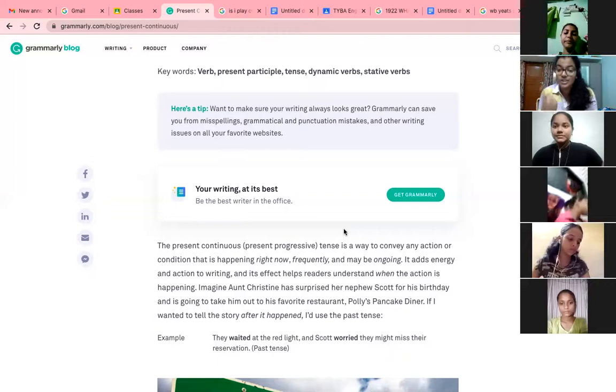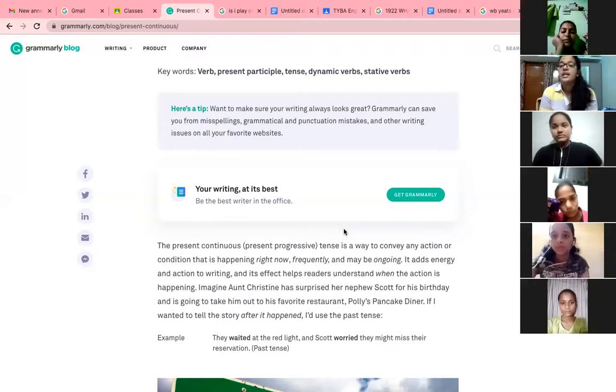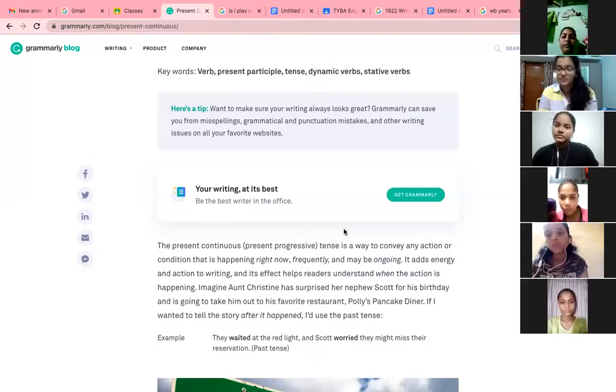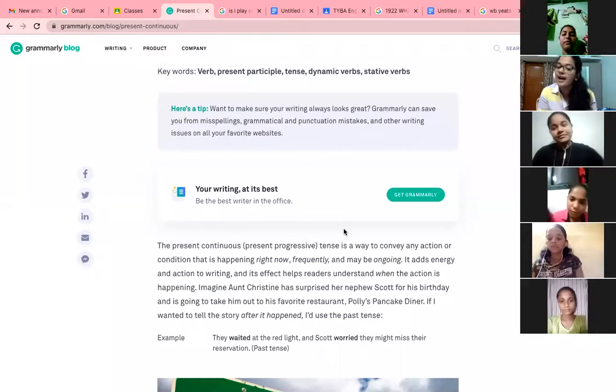It adds energy and action to writing. Why do we use present continuous? Because it adds energy and action, because you're describing an action that is happening right now and might as well continue. Okay, and its effect helps the reader understand when the action is happening.